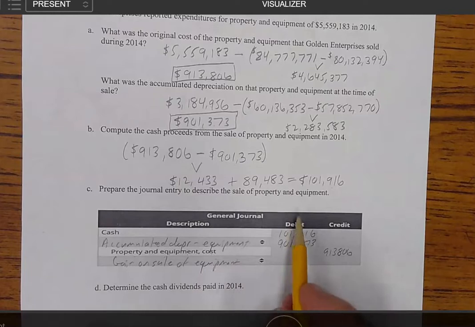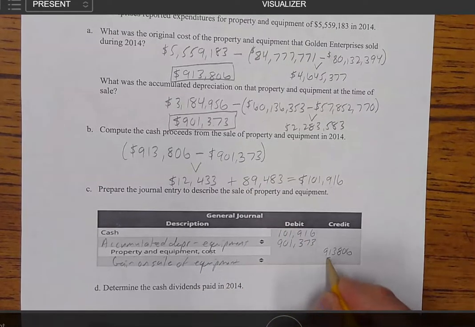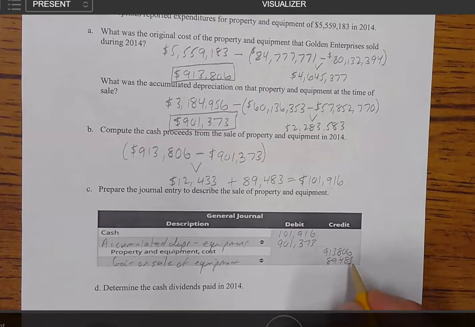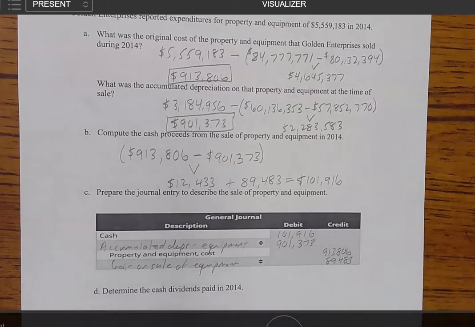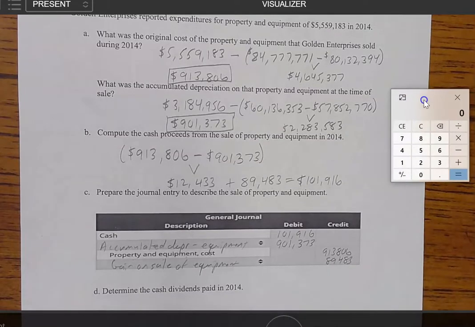And that figure, by the way, that same figure is right here. So I'm just going to put it from that, 89,483.